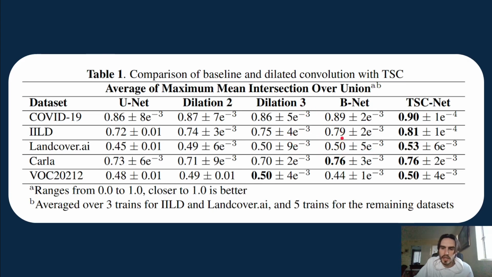The only cases where it's matched is with Carla on BNet and VOC2012 by the dilation 3 model, so that is a UNet with a dilation rate of 3. Sort of makes sense, and we explain why we theorize that to be the case in the discussion of the paper.